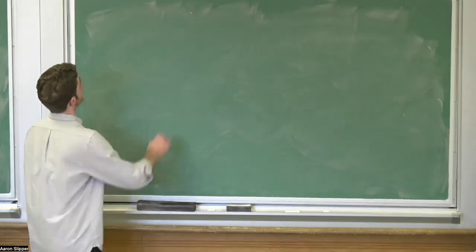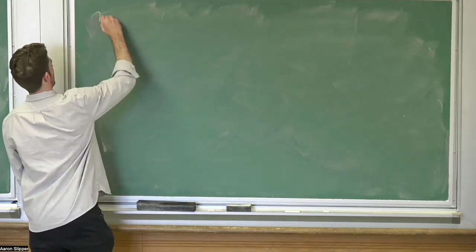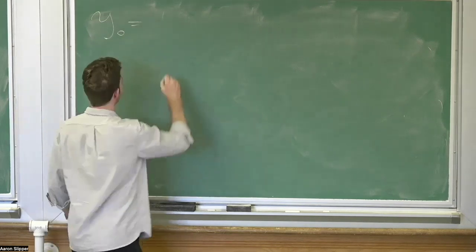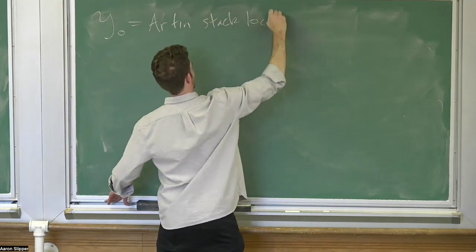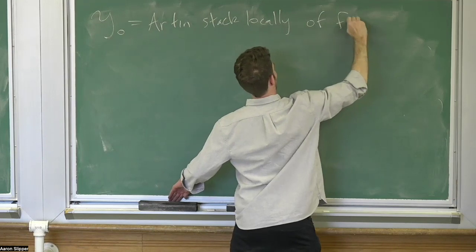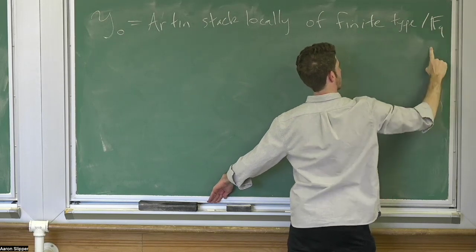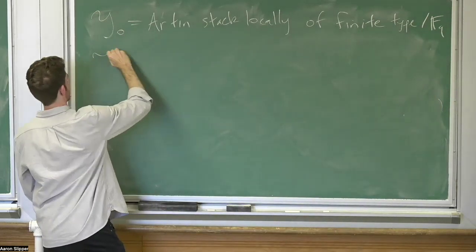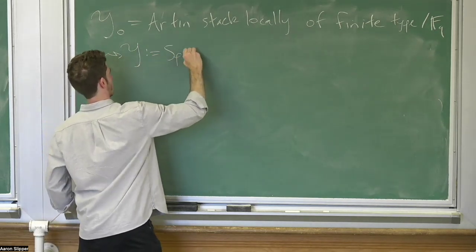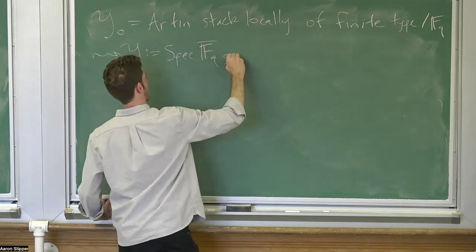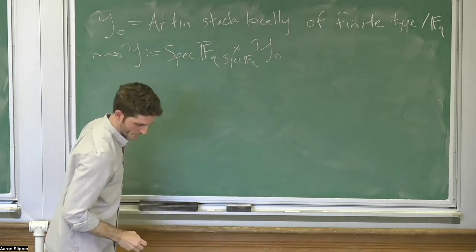Okay, so now let's apply this abstract nonsense in a more interesting special case. Y is going to be an Artin stack locally of finite type over a finite field F_q. And I'll stick to my usual convention of getting rid of the naught by base changing to F_q bar.